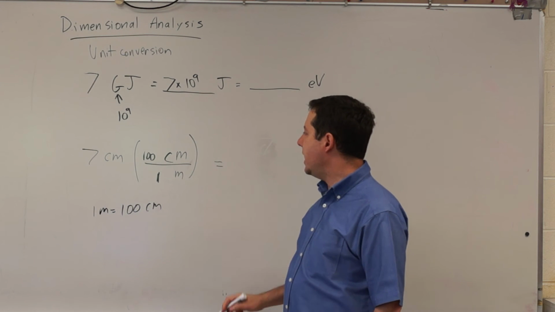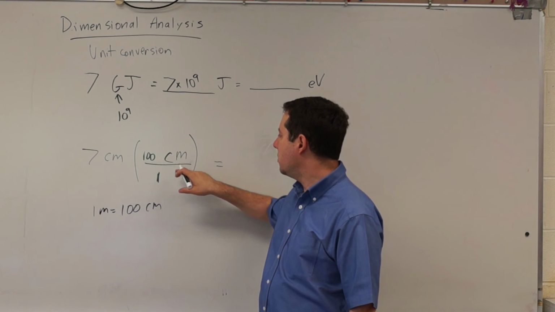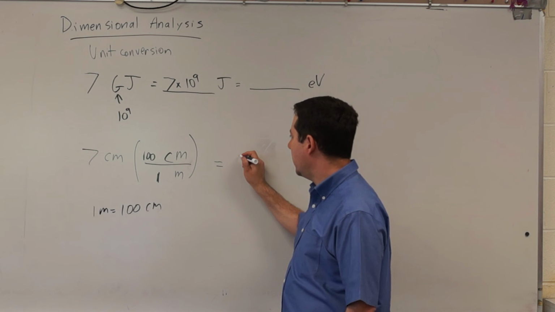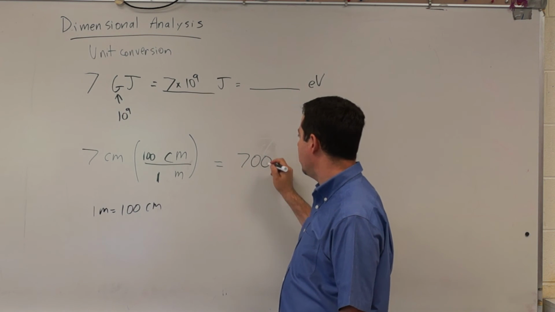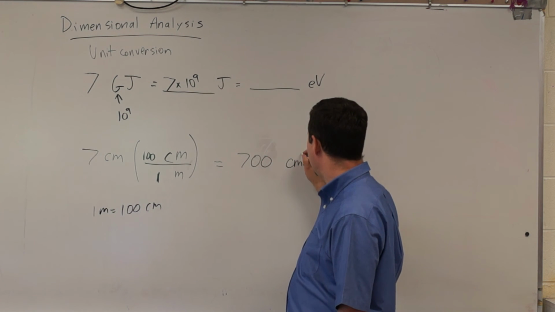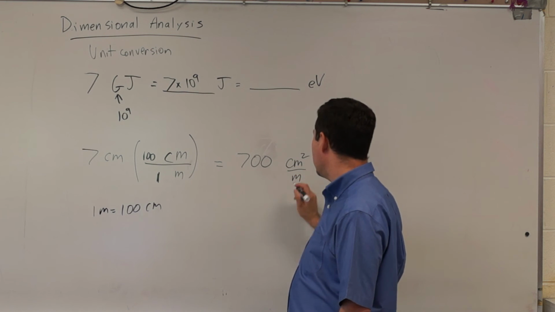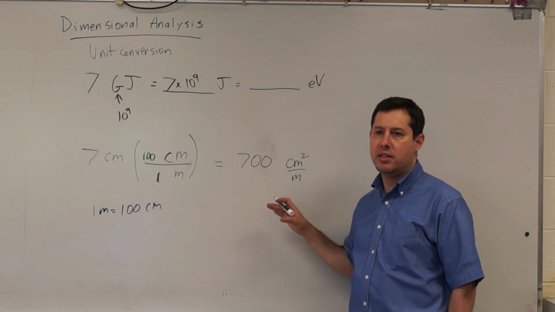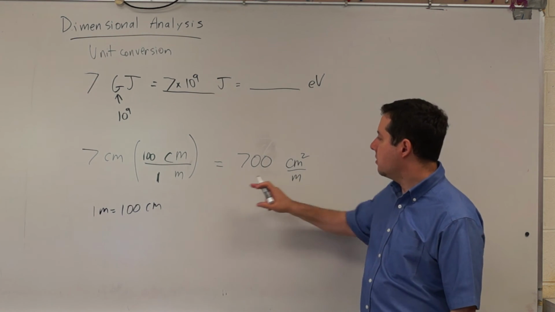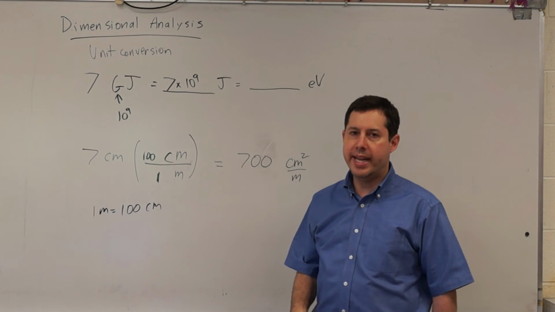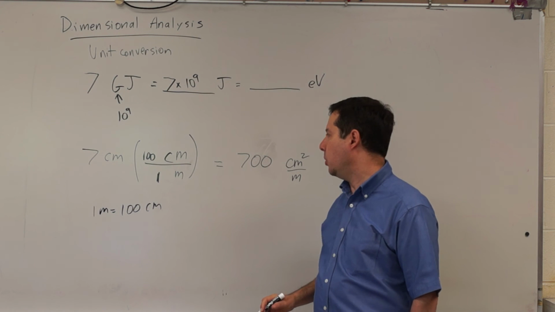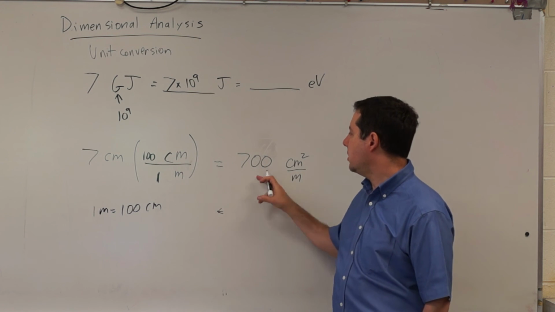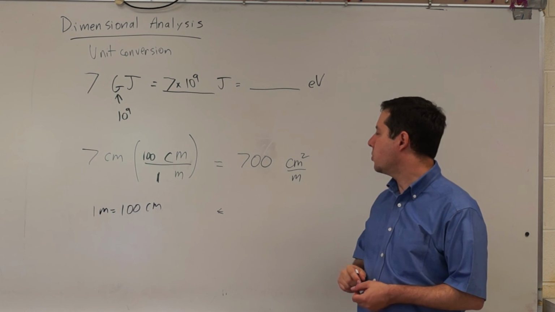So if you did this, 7 centimeters times 100 centimeters divided by a meter, and you pay attention to the units, you'll realize that what you end up getting is 700 cm squared divided by a meter. So even though this is technically the correct answer, it's not the correct unit. And the fact that your units don't cancel each other out is a sign that there's a problem.